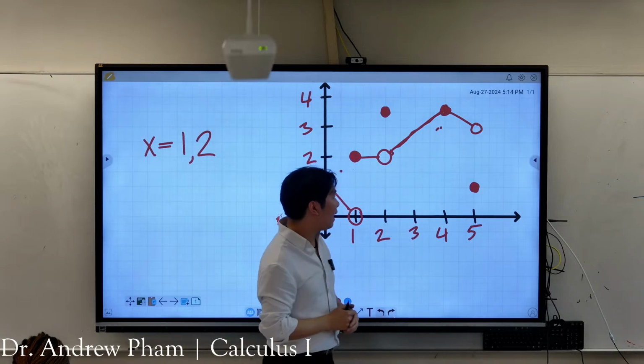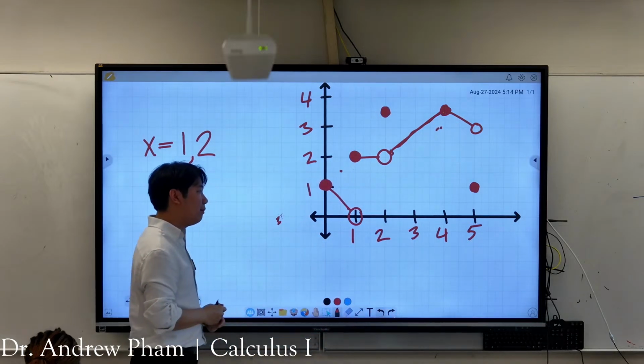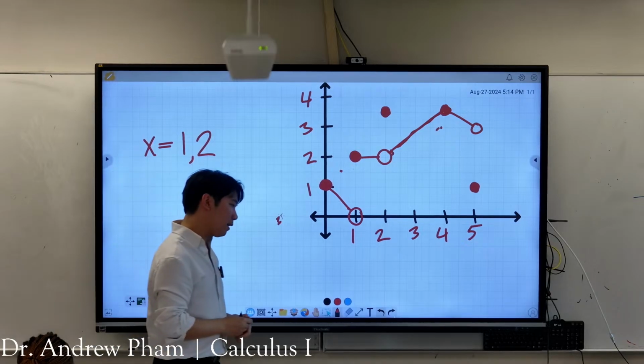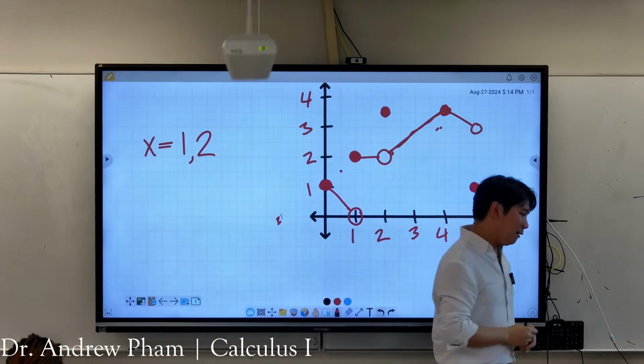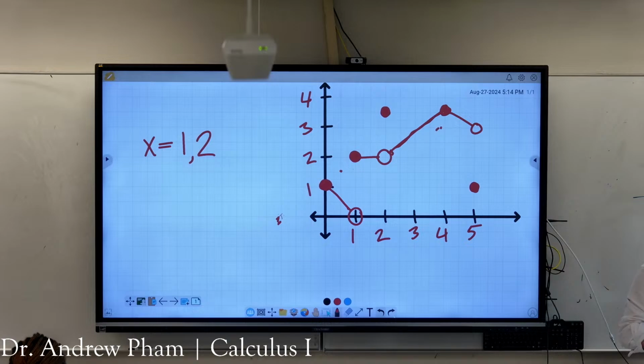Where's the next part that I might need to pick up my pencil? 5. I agree. To get the rest of my graph, I have to pick up my pencil. Why am I going to say I don't need to include 5? What were my instructions? I wanted the discontinuities from 0 to 4. Is 5 between 0 and 4? For sure not.